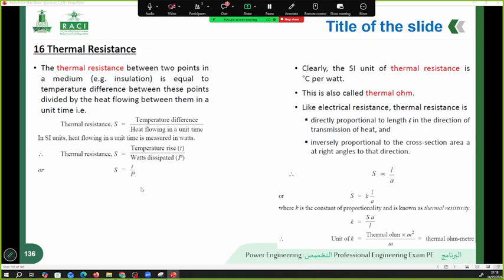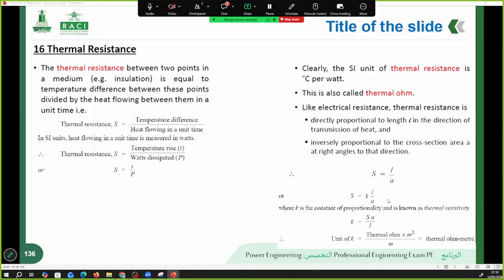And we will have this equation: thermal resistance S is equal to T over P. Also, thermal resistance S is directly proportional to the length L of the heat flow path, as you can see here, and inversely proportional to the cross-sectional area, and this relation is expressed by this one.